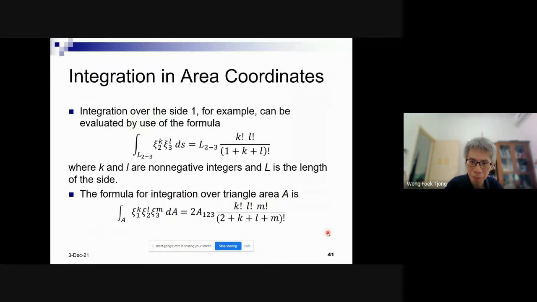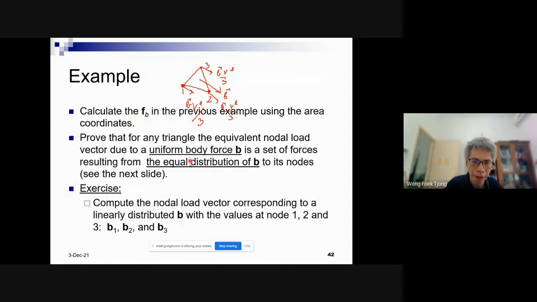Any questions regarding the use of this formula to calculate the equivalent nodal body force? How about if the body force is not constant, for example, if linearly distributed with the values at nodes 1, 2, and 3 given? For example, now we have a triangular element. This is node 1, 2, and 3.